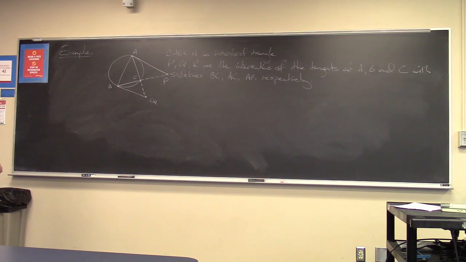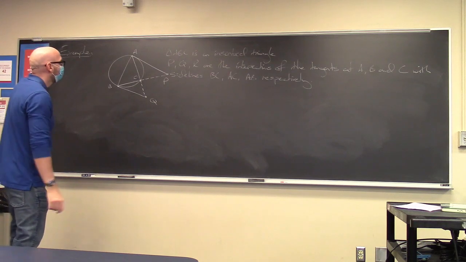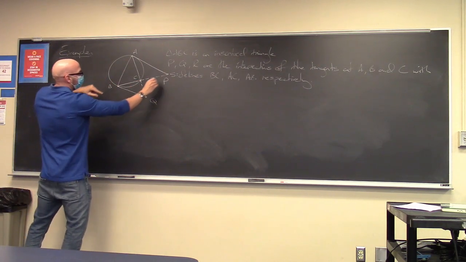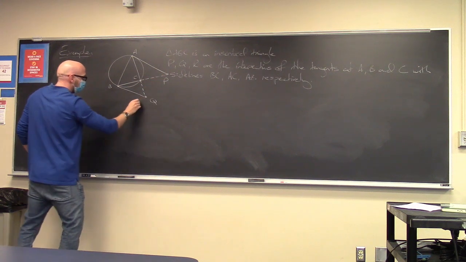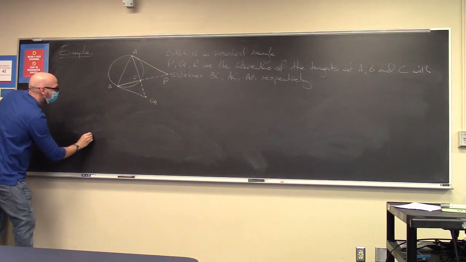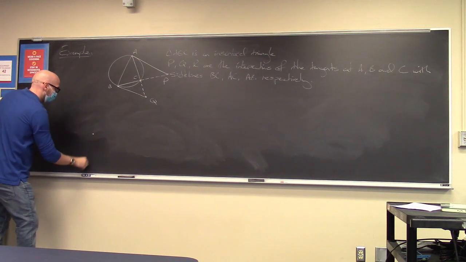Last but not least, tangent at C, we'll ask where that intersects sideline AB. And what's going to happen is these 3 points are going to be collinear, so I'll assume it intersects somewhere way down here.